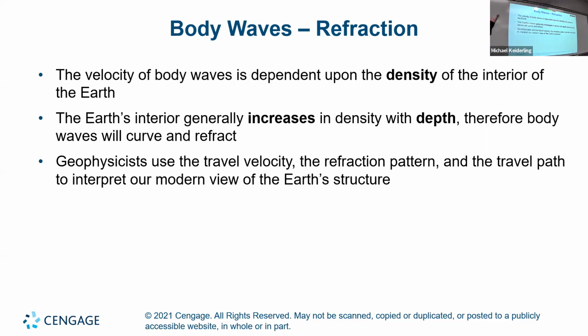The Earth's interior will generally increase in density with depth. So the body waves will curve. They follow sort of big arcs, and they refract. And there's sharper refractions when they go from one material to another. So geophysicists can use the travel velocity, the pattern of refraction, and the travel path to figure out the interior structure of the Earth.